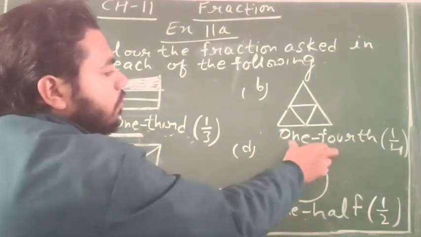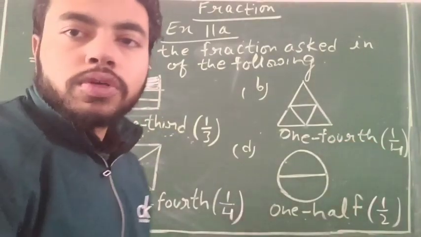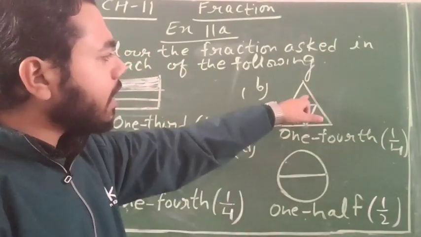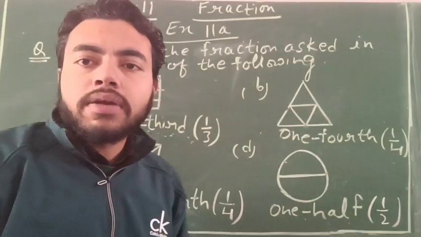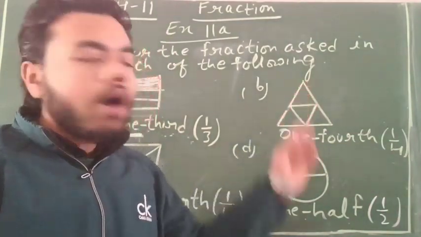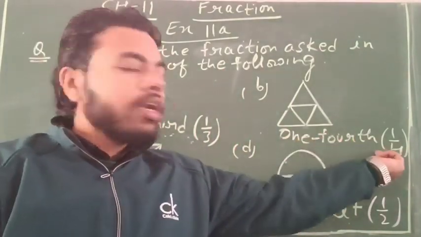Now move to the second question, 1/4. 1/4 means the triangle is divided into 4 equal parts, and you have to color only one part. Out of 4 parts, we color one part to represent 1/4.